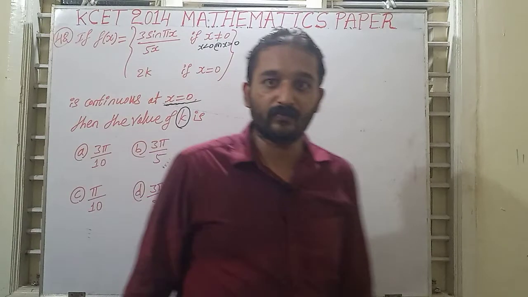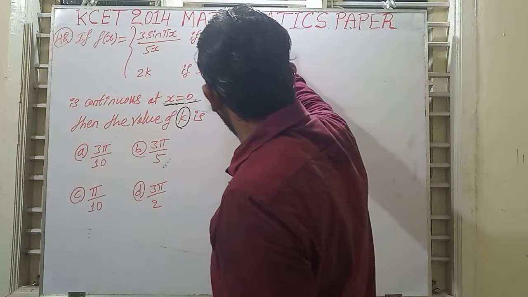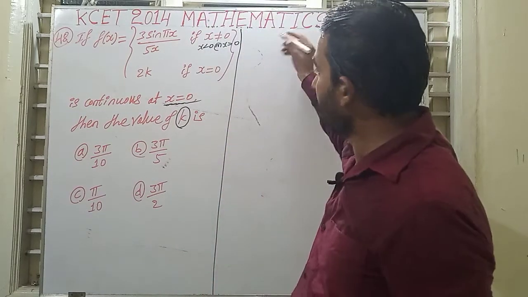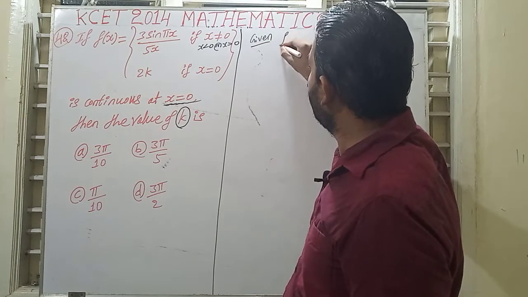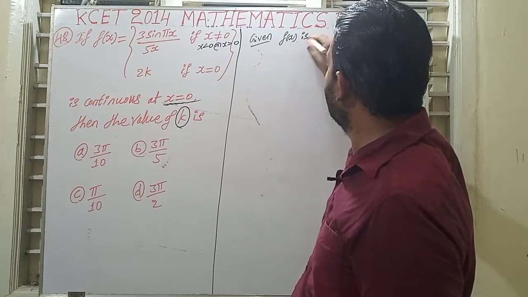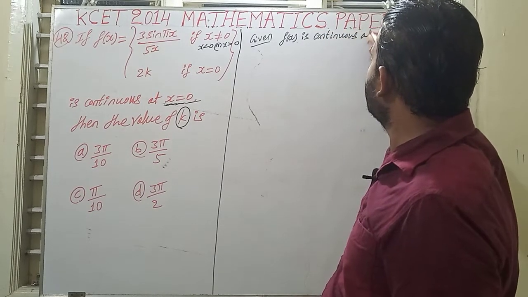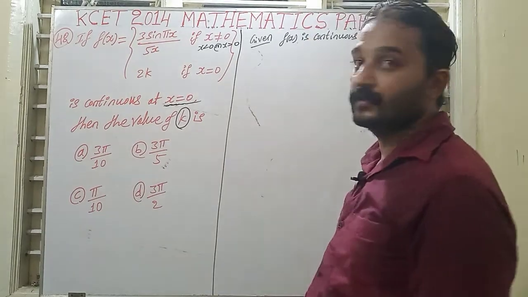Using this condition we have to find out the k value. So it is given f of x is continuous at x is equal to 0. So what is the condition for continuity?